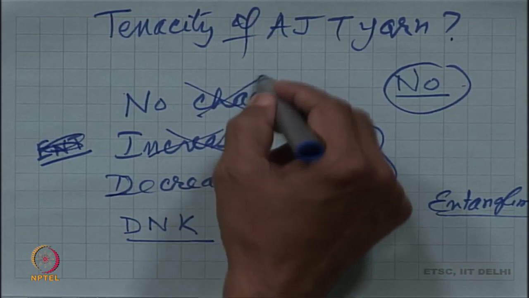And now, after all this loop formation and entanglements, the filaments are not parallel to each other, and therefore, they are not contributing to the tenacity or the strength. Some of them may be almost oblique to the direction of the force being applied. So, the percentage of the filaments contributing towards the textured yarn tenacity may be less, and so it decreases.